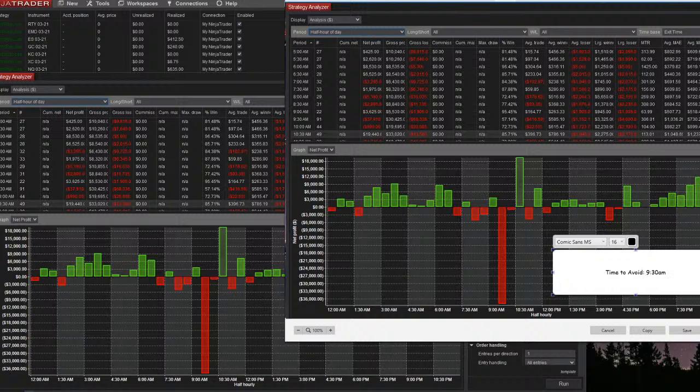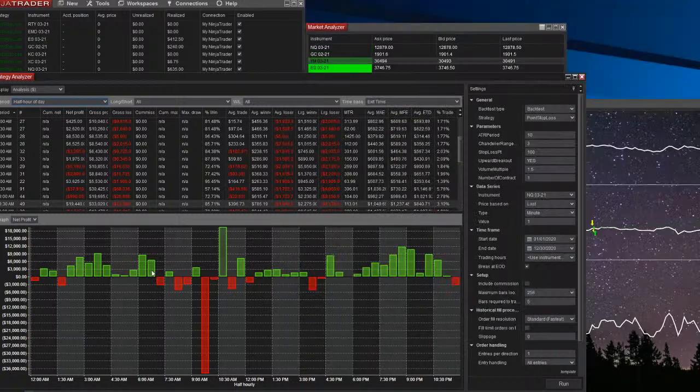But on this, other than 9:30, everything is fine. I'm fine with these other little red candles. Obviously, you could avoid this. You could just say 10 a.m. to 6 a.m. and take a break, or 7 a.m., whatever this is. 6:30, 7 o'clock.